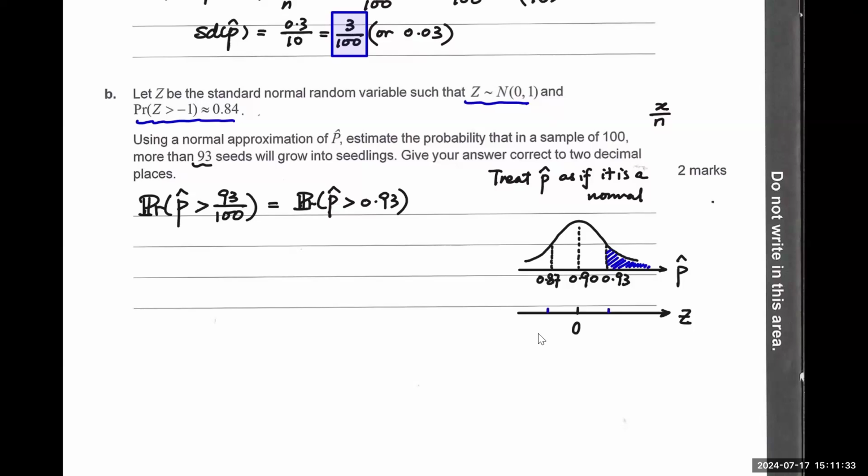And according to the z-scores, I'm just finding the probability of z greater than 1, in this case, for the approximation. And if you notice the symmetry property, let me show you. Maybe I should duplicate everything I've drawn here.